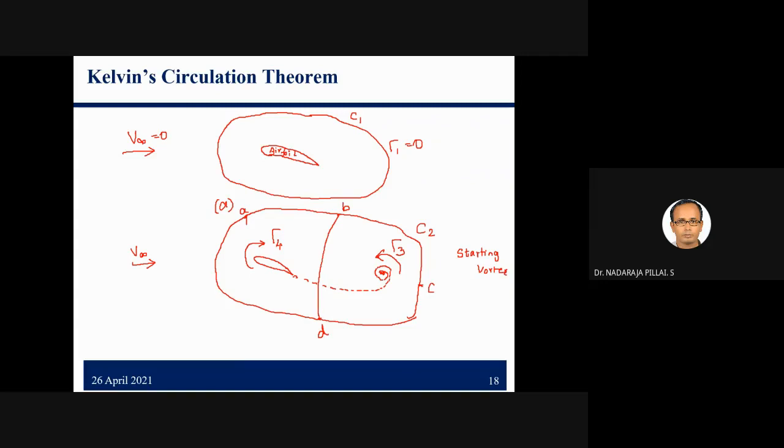So this is gamma 1, and around the C2, the circulation is gamma 2. Gamma 2 now becomes the summation of gamma 3 and gamma 4.